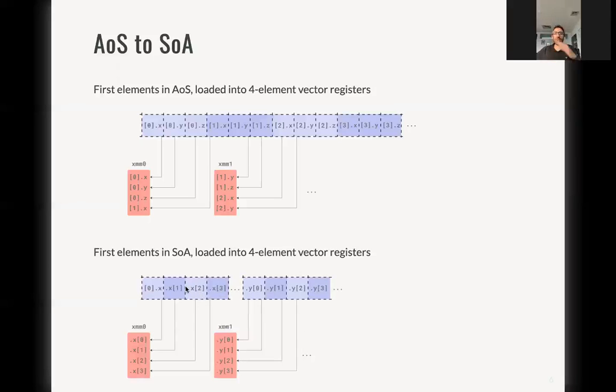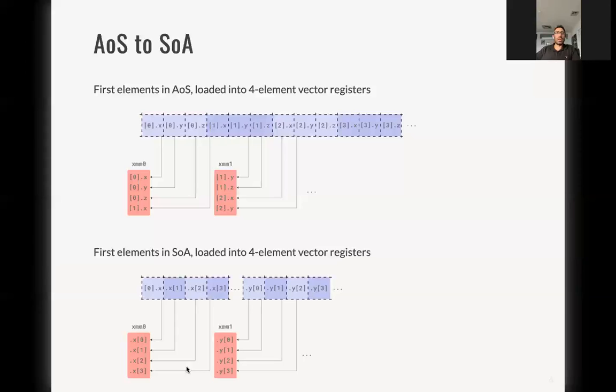And so now if I load this into vector registers like this, you see that this is lined up nicely so that I can do this times itself, which will give me X squared of the 0th element, X squared of the first element, etc. And then this times itself will give me the squares of the Y's, and then I can add them together in a vectorized fashion.